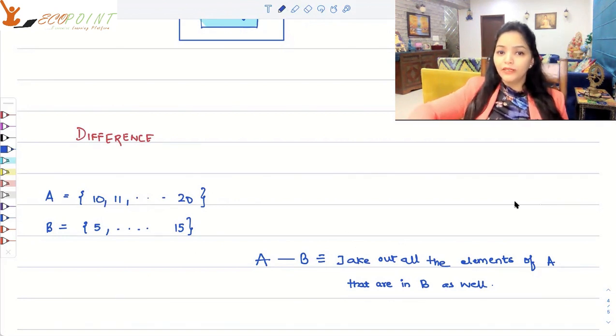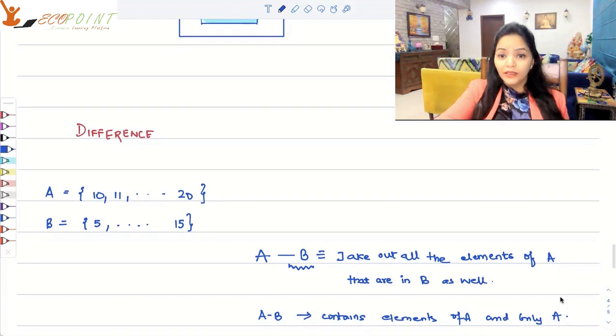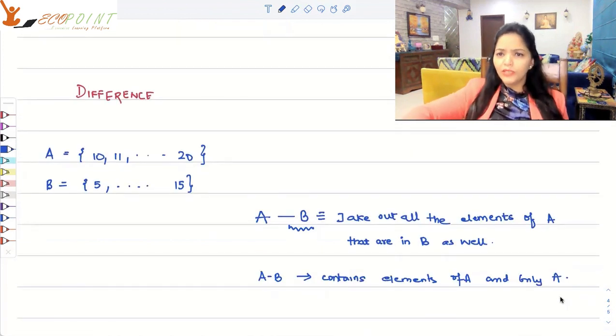You don't want B to be there in A minus B. You want to take out all the elements that are in A and that are in B as well. So in other words, we are saying that A minus B contains elements of A and only A. Those elements which are only in A, they should not be in B.